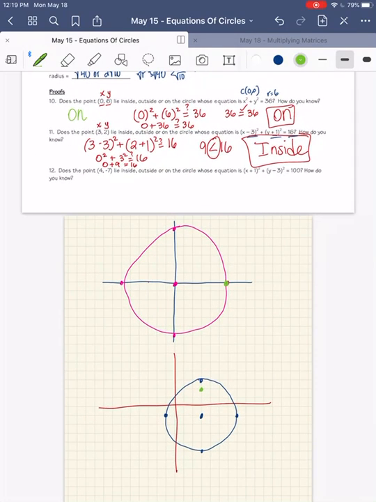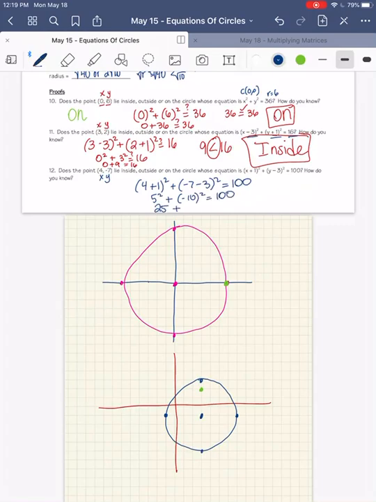All right, and then number 12 should be outside, but let's see if that's the case. All right, here's my x and my y. Let's plug it into the formula. So I'm going to do (4 plus 1) squared plus (-7 minus 3) squared equals 100. So that's 5 squared plus (-10) squared.